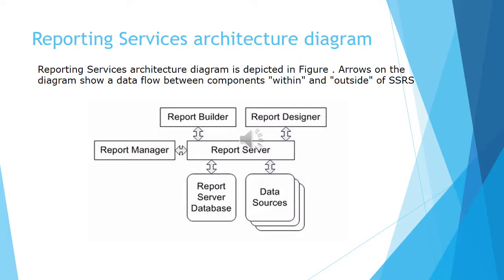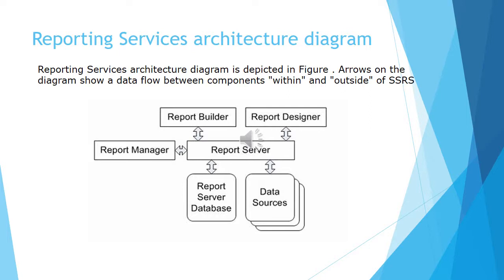Now we will see the reporting service architecture diagram of SSRS. The reporting services architecture diagram is shown in this figure. The components are described in more detail in later slides.